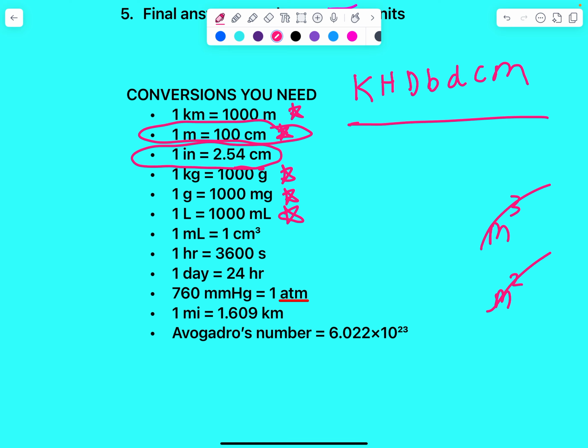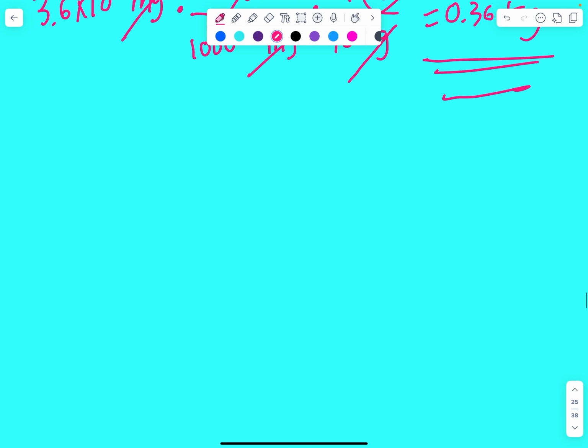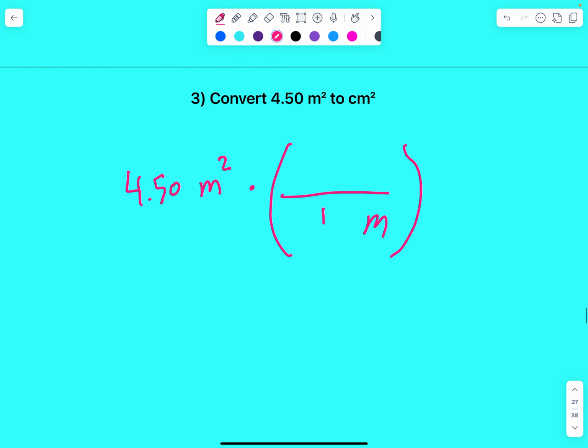So I'm looking at this and you're going to see that you'd have 100 centimeters for every 1 meter. So 1 meter is 100 centimeters.